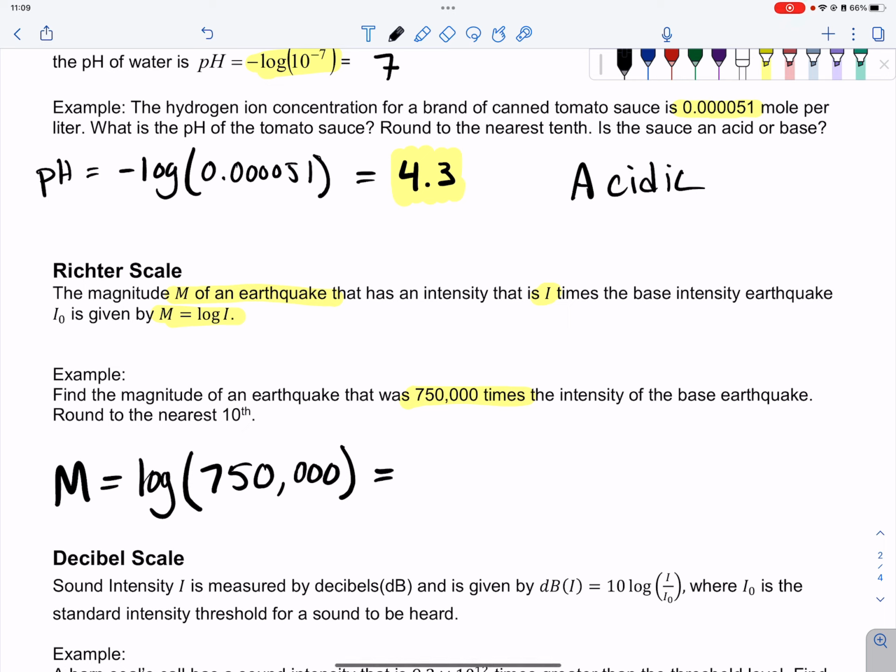So now this we can put into our calculator, and if I want to round to 1 decimal place, that should then give you 5.9 for the magnitude.